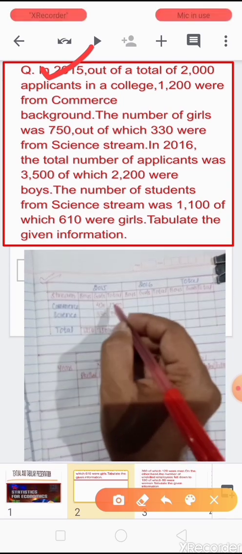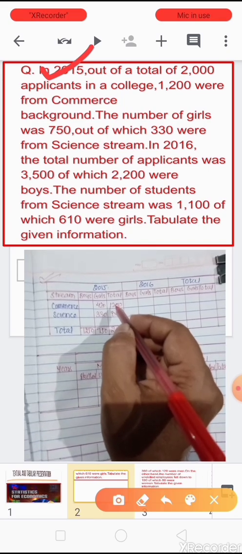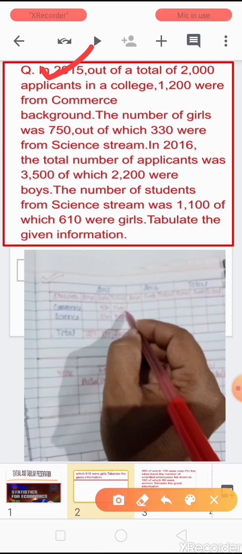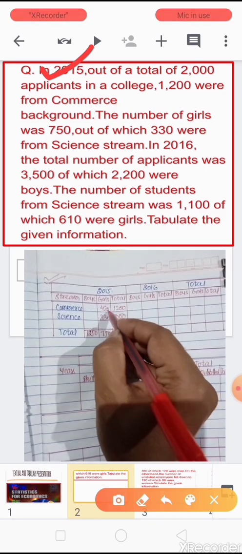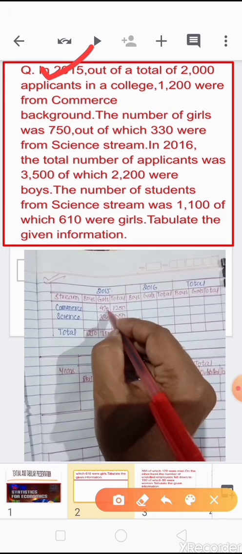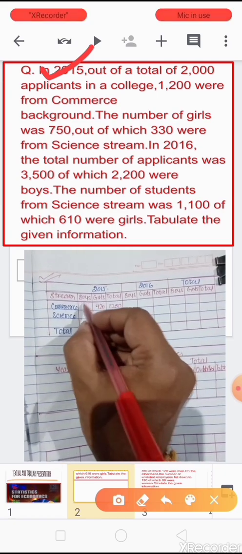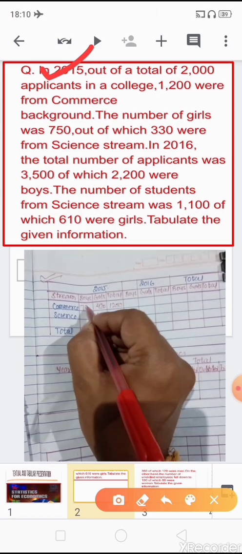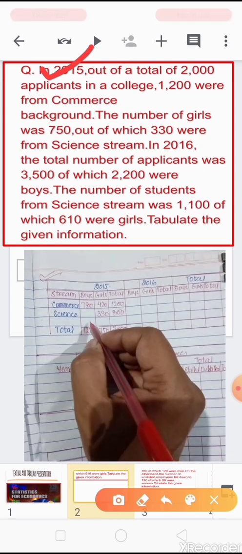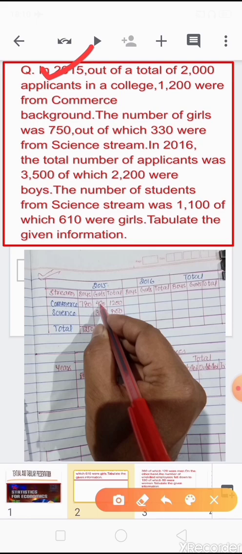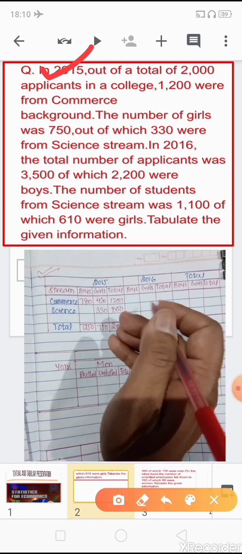If the total number of students in the commerce stream is 1200, of which 420 are girls, then the remaining are boys.